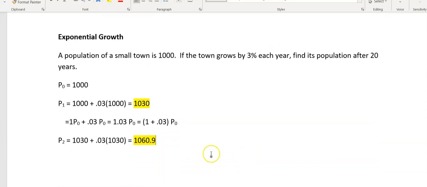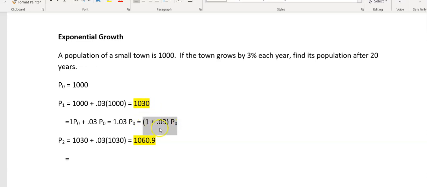Okay, so let's just symbolize what we've got here. I want you to notice that 1,030 was the answer to P sub 1, and that answer is the same thing as this right here.